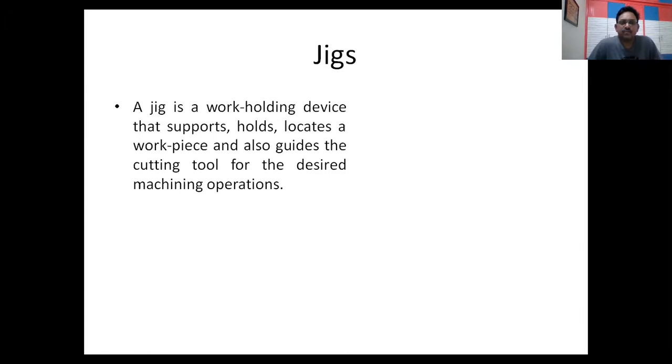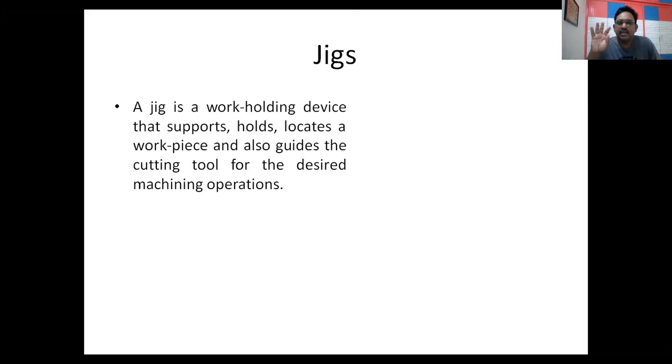So what will the jig do? It's a work holding device. It will support the work, so proper support will be given against the cutting forces, and also it holds. That means it will keep it in position, and also it locates, at a place where the cutting tool is accessible. All these things will be done, and also it will guide the cutting tool. So four things it will perform.